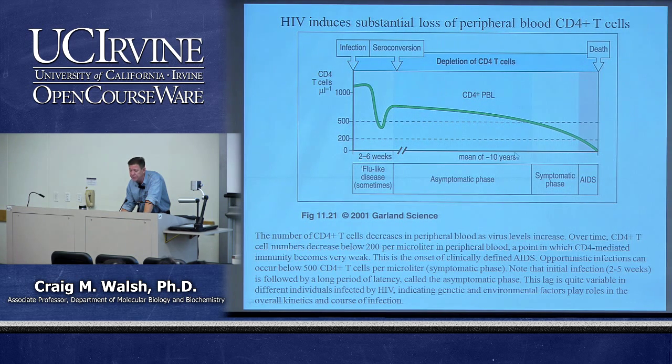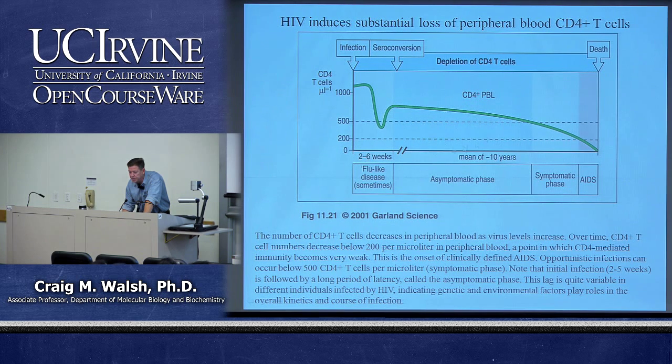This phase is quite variable depending on the individual and the environment, and can last somewhere between less than a year all the way out to 10 years. Again, most of what we're talking about today is without antiretroviral therapy. We'll talk about that at the end. This asymptomatic phase can now last much longer through drug treatments.